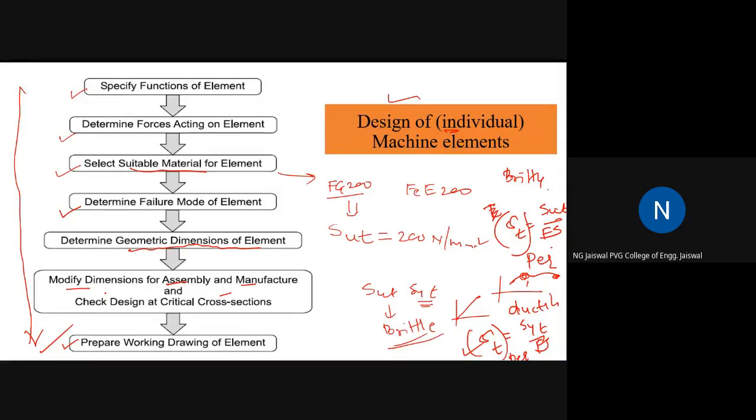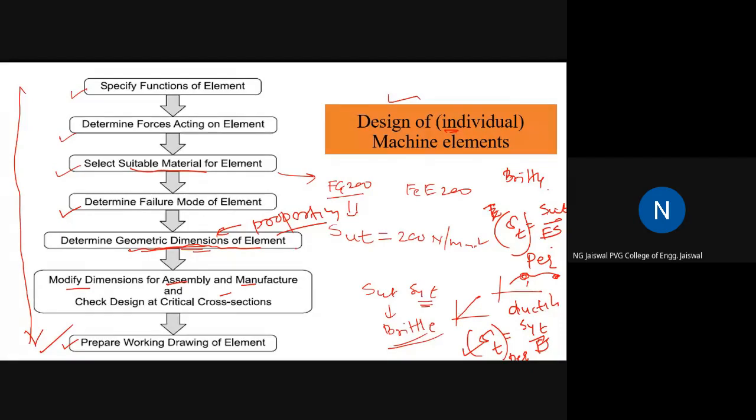Of course, one thing which I should not forget here, whenever you find out the geometrical dimensions of any element, sometimes there are some proportions which we have to understand. Some empirical relations with which you will find out the geometrical dimensions.